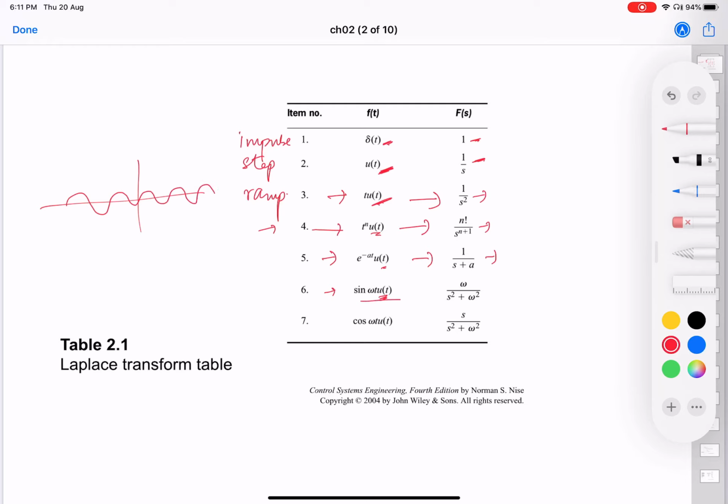But this sinusoidal signal that you'll apply is actually this sinusoidal signal multiplied with a unit step. We are very specific about the time at which we are applying the input. So that is why you have this product sine omega t into u(t). In a similar way, cos omega t into u(t). So these are the important S domain representations of these inputs.